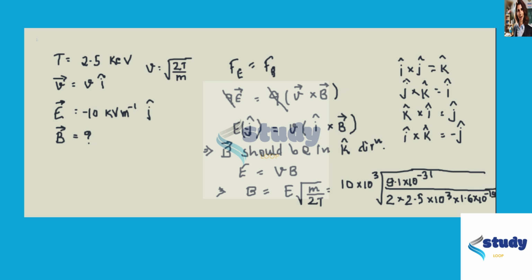So if you calculate all this, this comes out to be 3.37 into 10 to the power minus 4 Tesla. So in vector form, what we can write is B vector equals 3.37 into 10 to the power minus 4, and the direction is k hat.